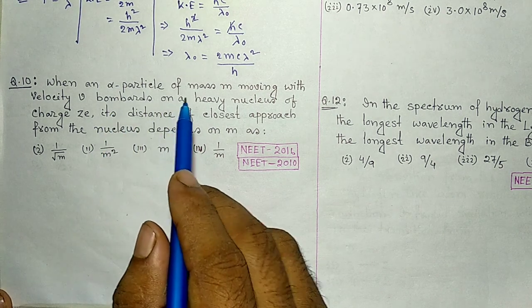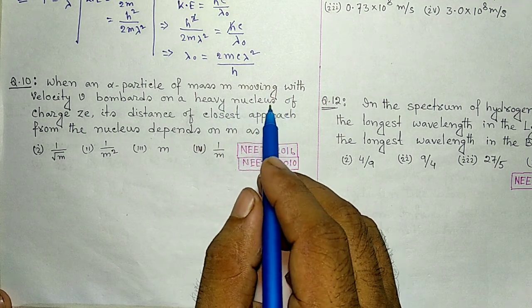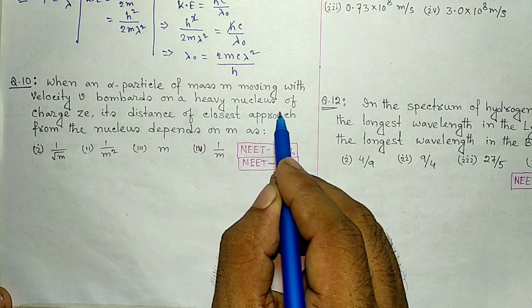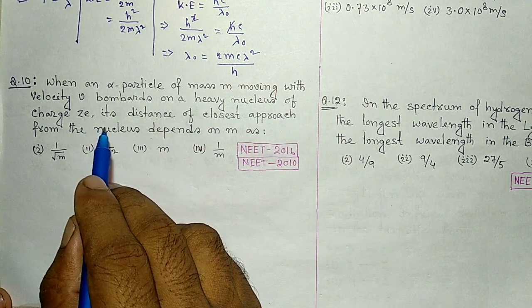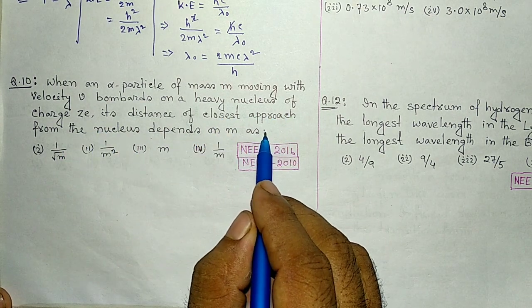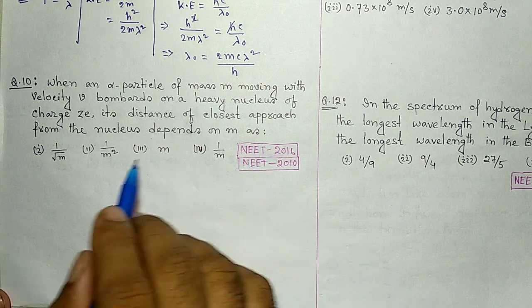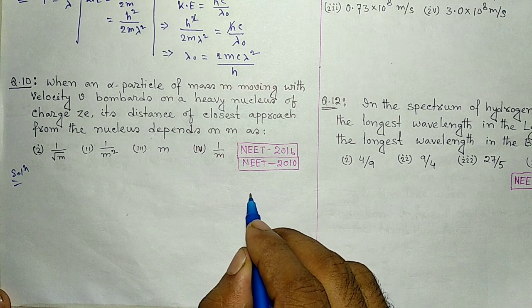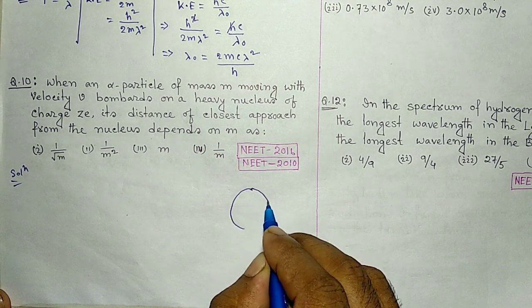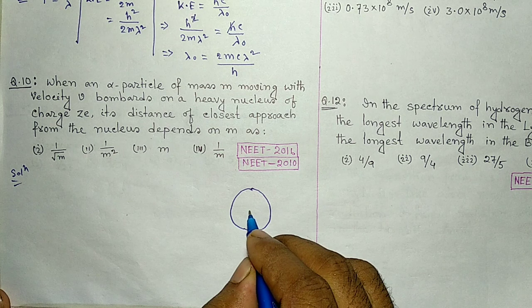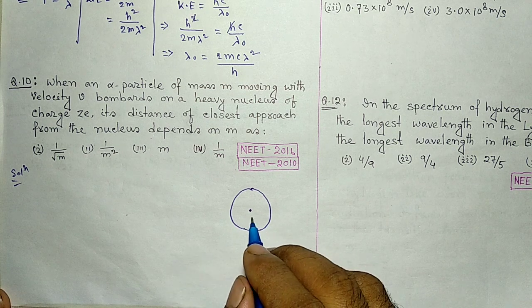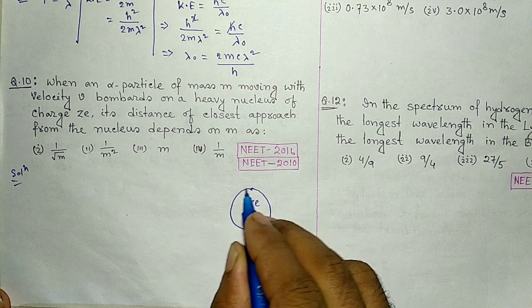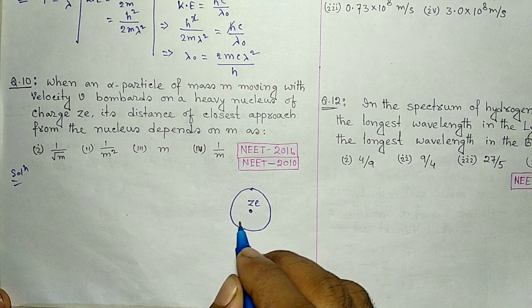Next is question number 10. When an alpha particle of mass m moving with velocity v bombards a heavy nucleus of charge Ze, its distance of closest approach from the nucleus depends on m as? Suppose this is a heavy nucleus with charge Ze.